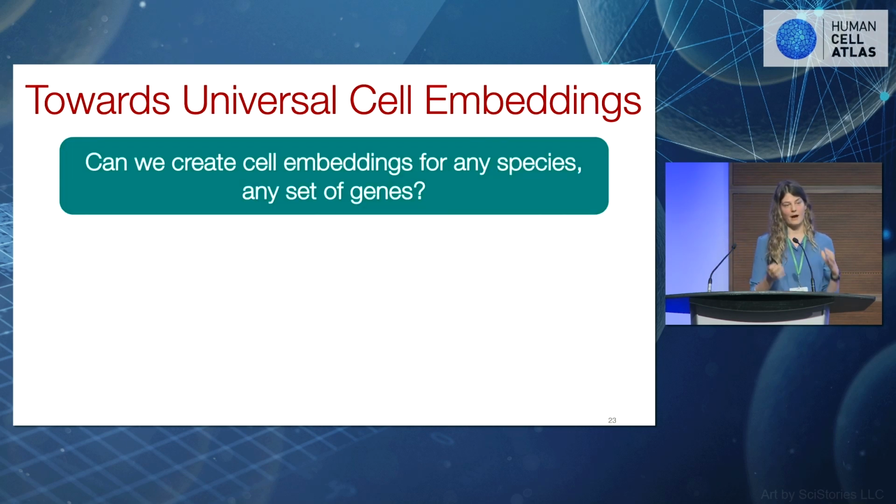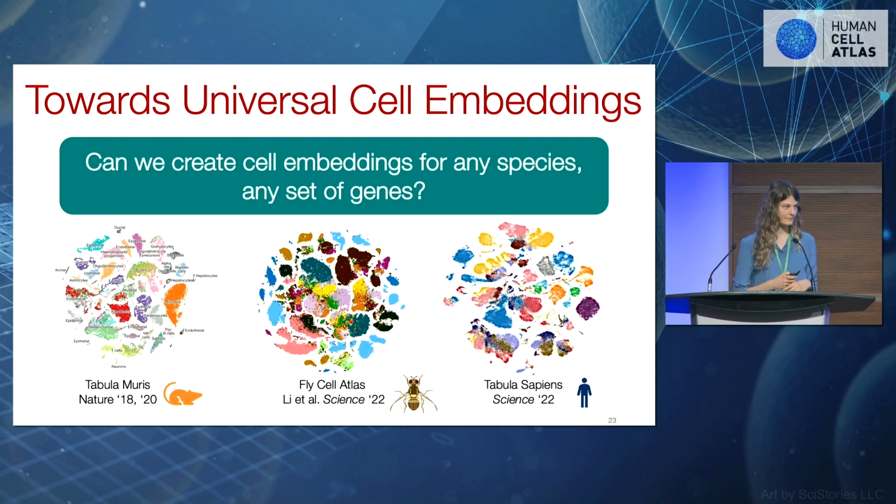And while Stellar and Mars operate, in this case, on the same set of genes coming from these different data sets, the next question we ask is, can we go towards universal cell embeddings? Can we create cell embeddings really for any species, any set of genes? This is motivated by the huge effort of the community to design these cell atlas data sets.